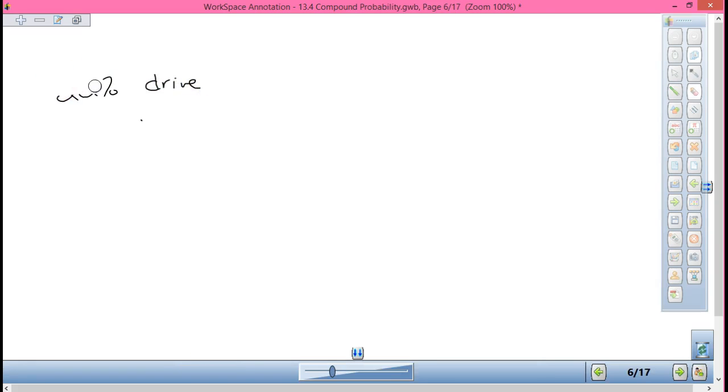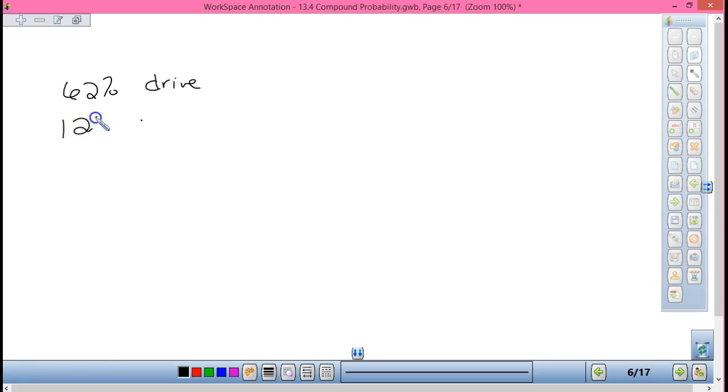I need more than that, but let's go 62% drive, 12%, and we better go more than that. We better go 23% ride the bus, 1% walks. How many percentages am I up to now? 86. And 14% bike.